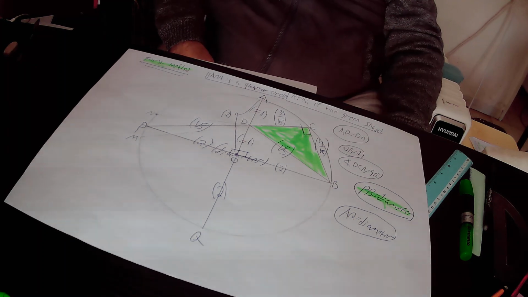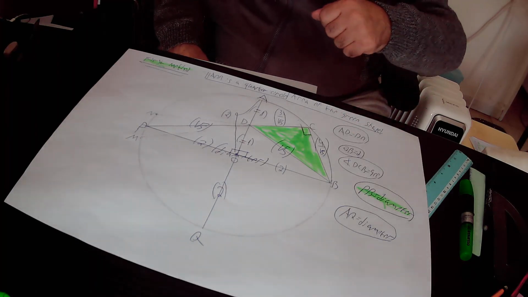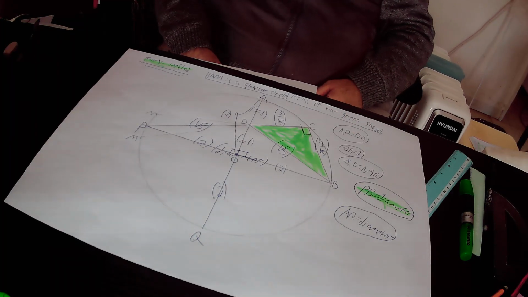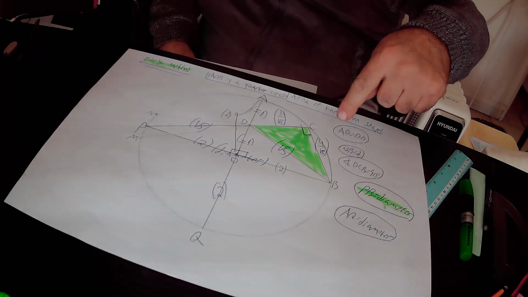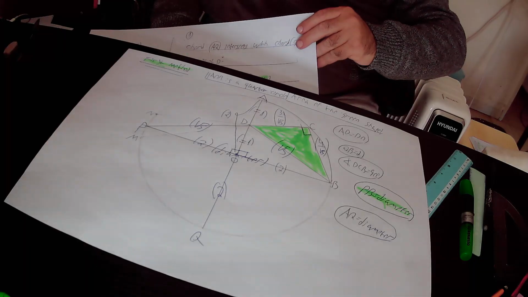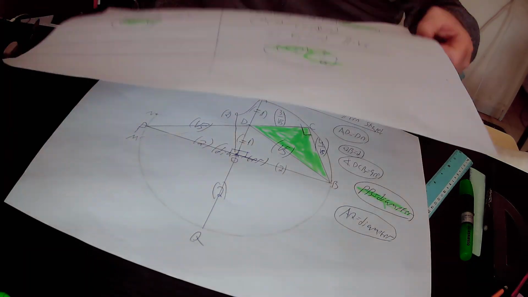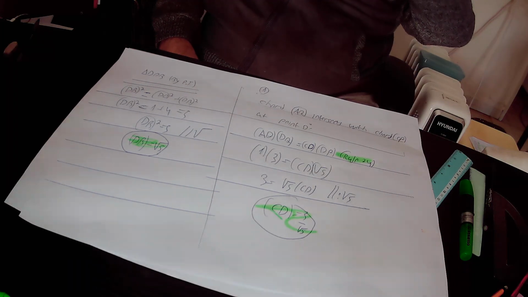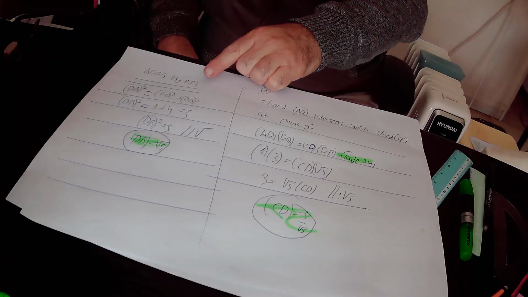In the next step, we implement the Pythagorean theorem on this right triangle DCB. According to the Pythagorean theorem, in this right triangle DCB, DB squared, that is the square of the hypotenuse, equals DC squared plus CB squared.